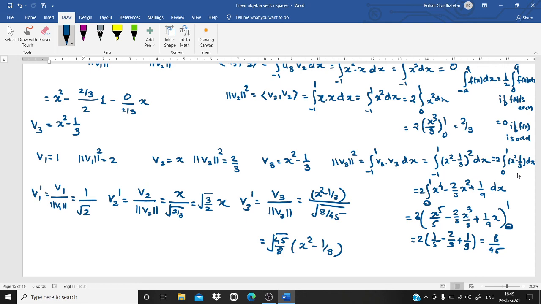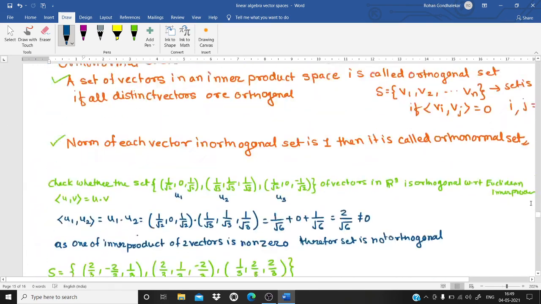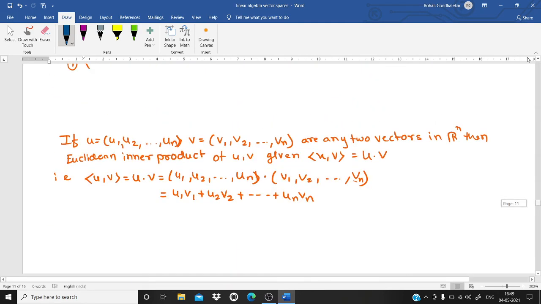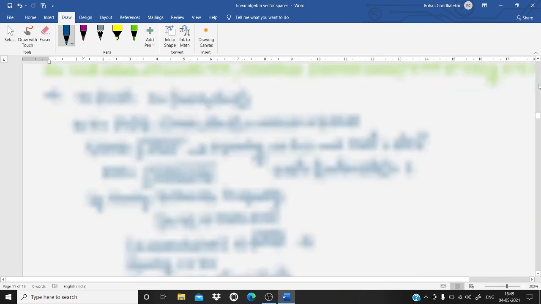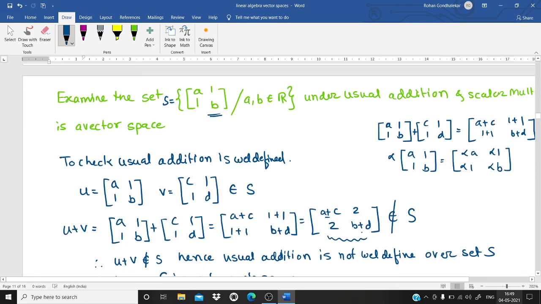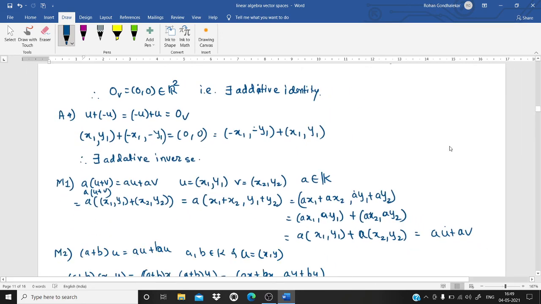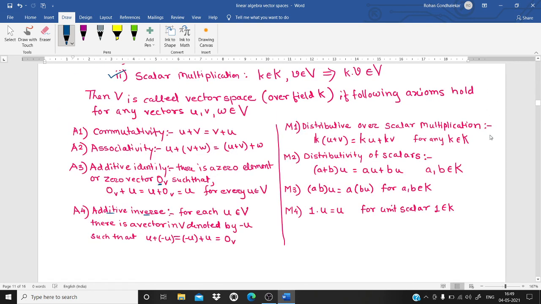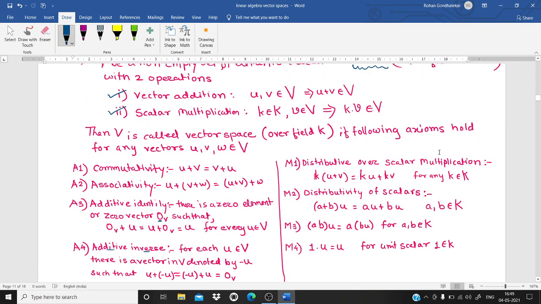Okay. So this is all about the linear algebra vector spaces chapter. We initially started with what is meant by a vector, then a few concepts from the previous year, that is from your 11th and 12th standards. Then we started with what is vector space, subspace.